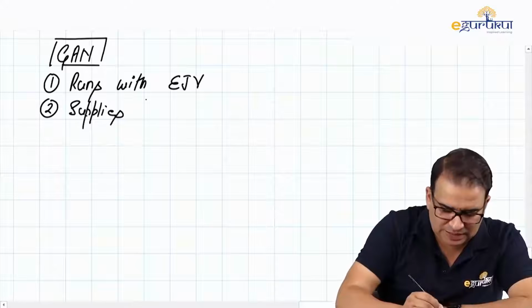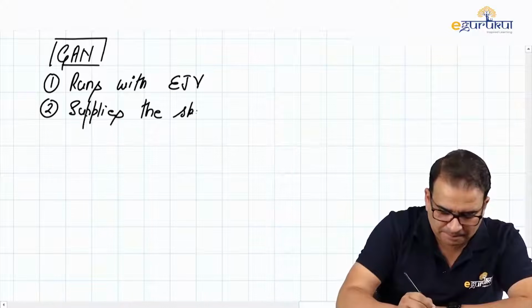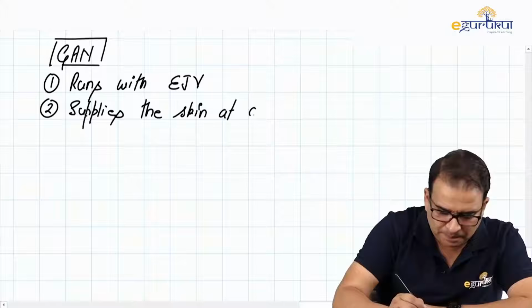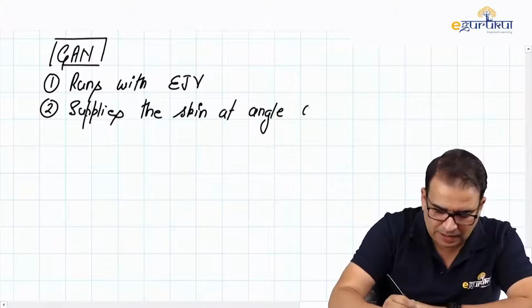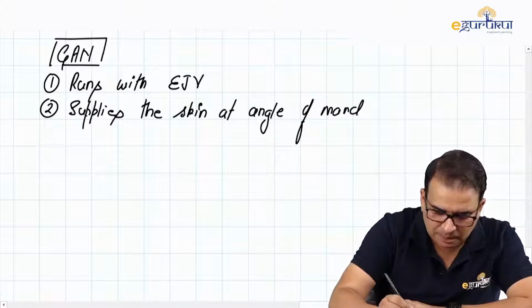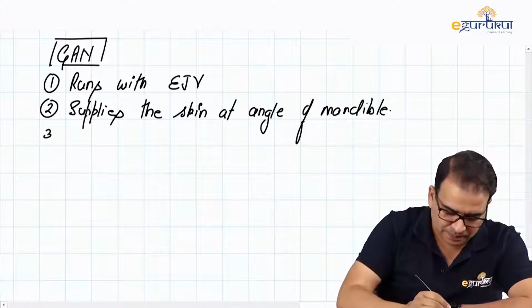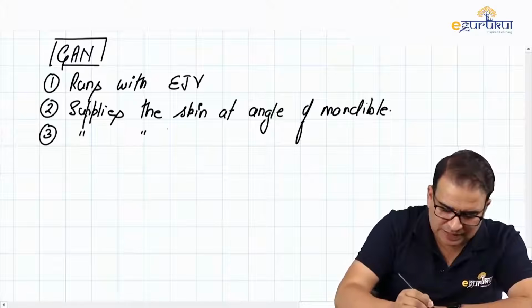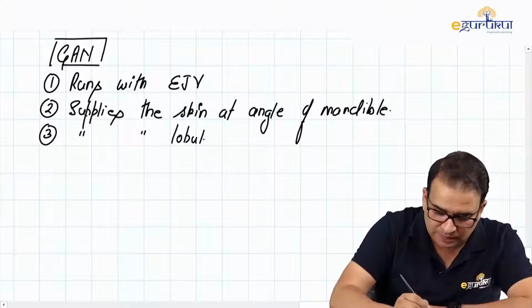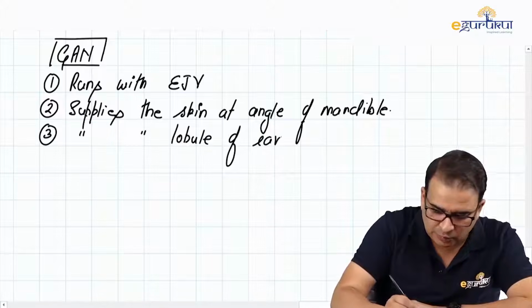Number two, it supplies the skin at the angle of mandible. Number three, it also supplies the lobule of the ear.